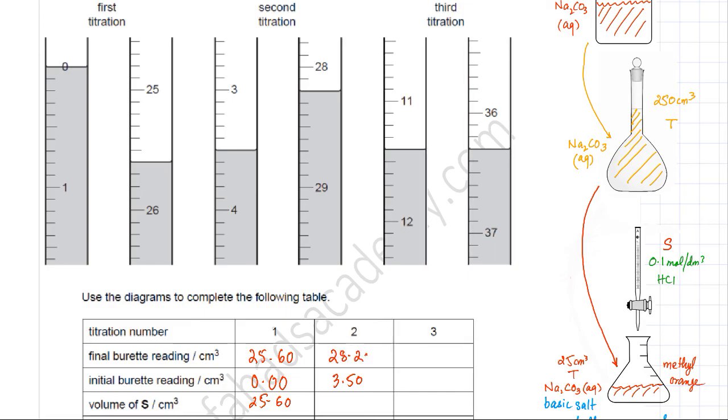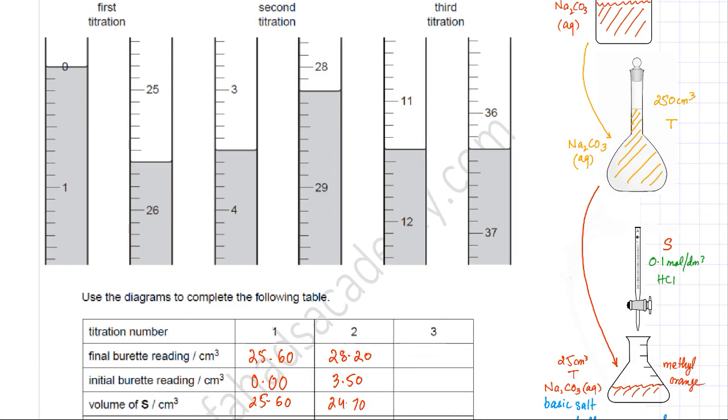In the second titration, the volume of S that's being added is going to be the difference between the two values. So if you subtract 3.50 from 28.20, the answer on your calculator is going to be 24.70 cm cube. Remember to note down burette values to 2 decimal places, because that's the accuracy of a normal burette.